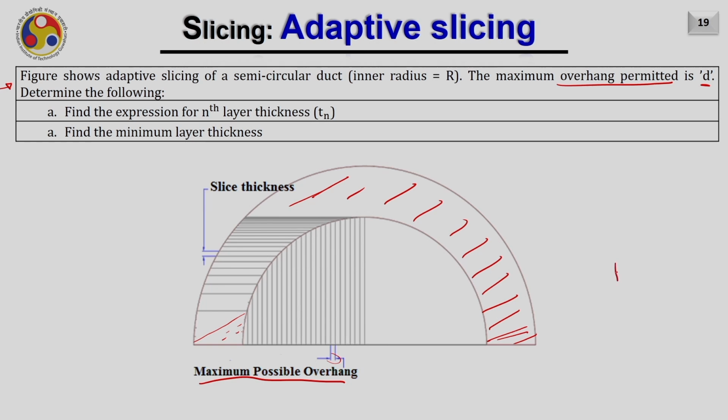Okay, means if this is the pre-built layer, the maximum it can overhang could be D. This is the value D. It is asked to determine the following. First, find the expression for the nth layer thickness and find the minimum layer thickness in the process. It is obvious, as this is the boundary which I am going to realize.